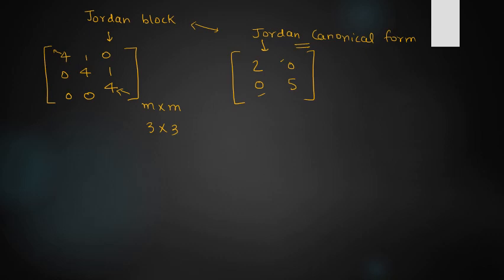So if you have to find out from the Jordan canonical form what would be the Jordan block, then you can come up with 2 Jordan blocks. You know very well that other than diagonal elements, all elements are 0, right? So these two would be the eigenvalues of this matrix, correct? So 2 and 5 would be the Jordan blocks for this Jordan canonical form.